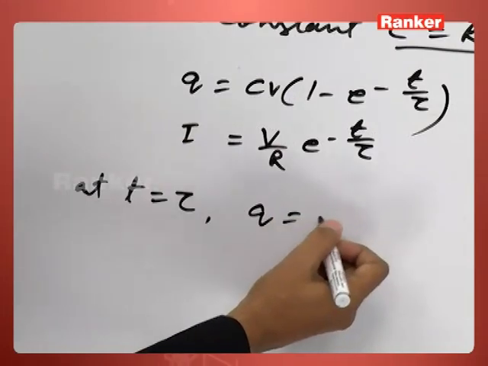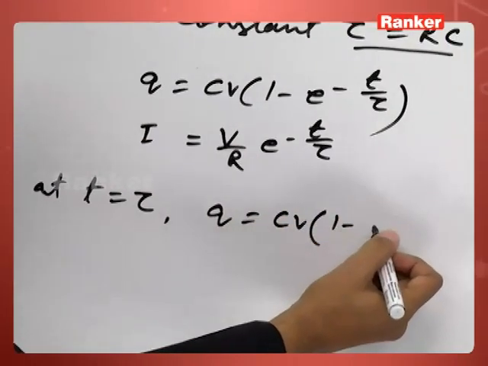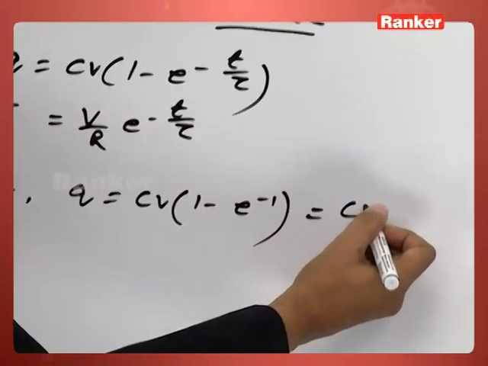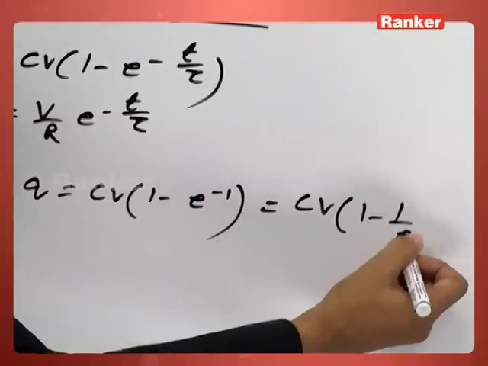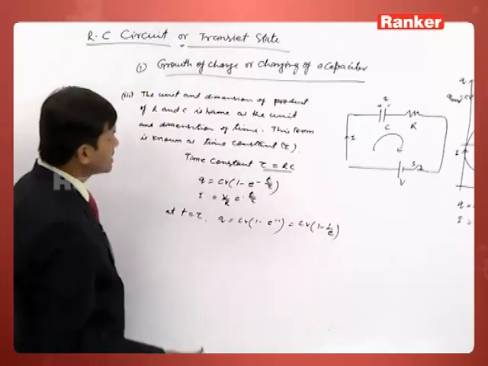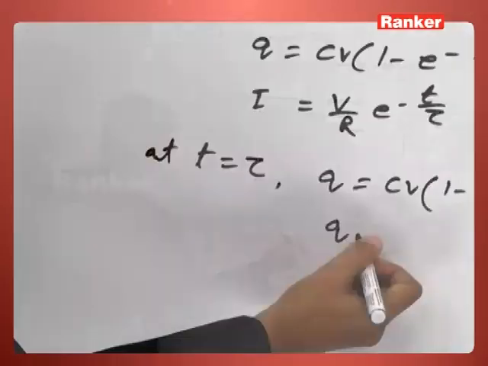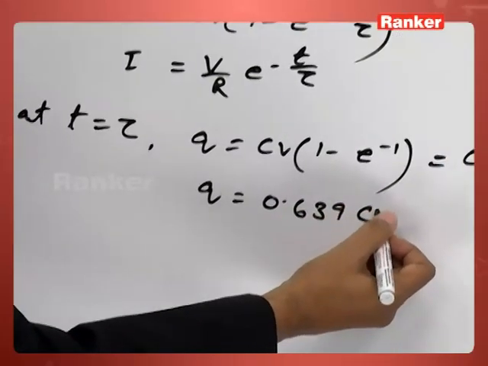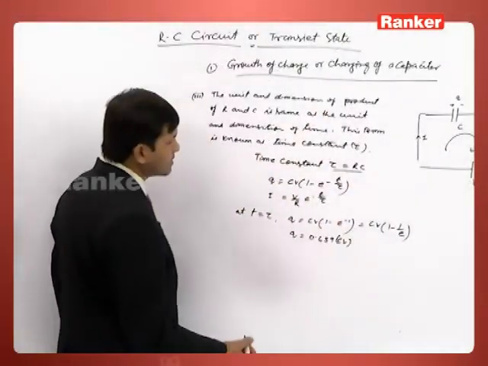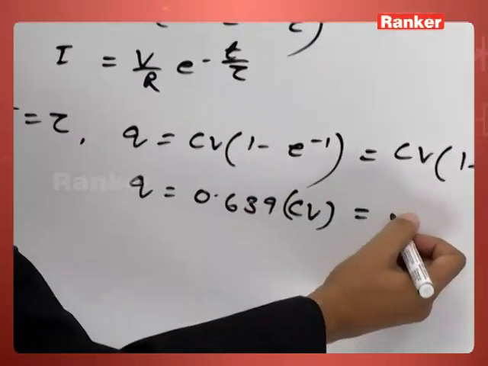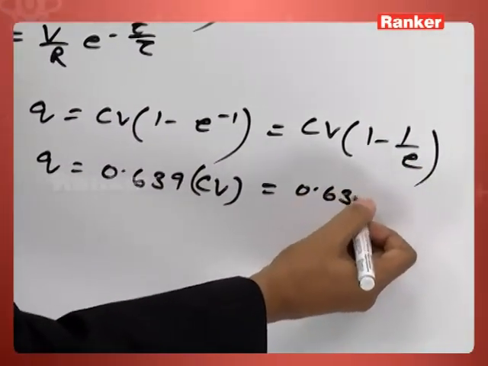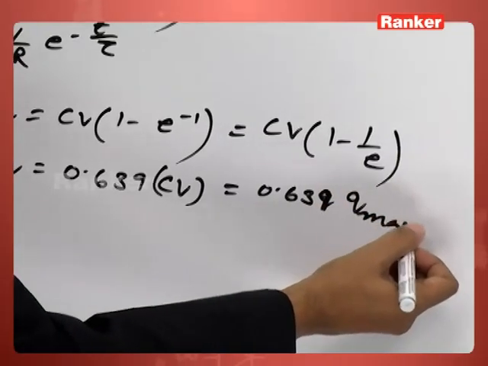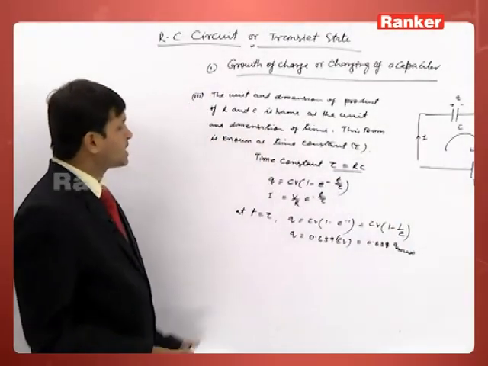The Q will be CV times 1 minus e to the power minus 1, which is CV times 1 minus 1 by e. When we substitute the value of e, we get 0.639 into CV, and CV is the maximum charge. So this is 0.639 Q maximum.